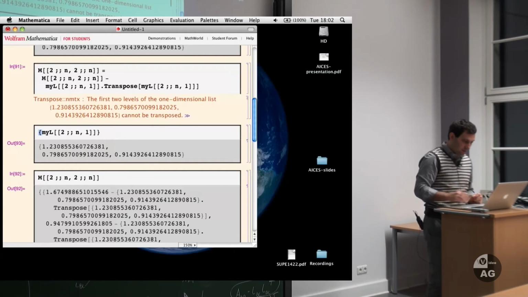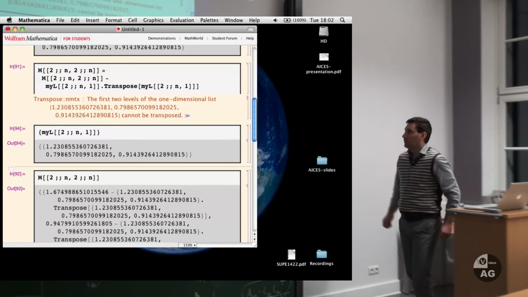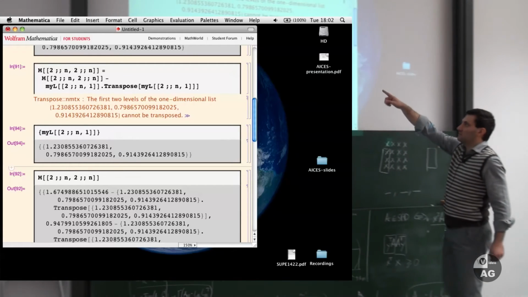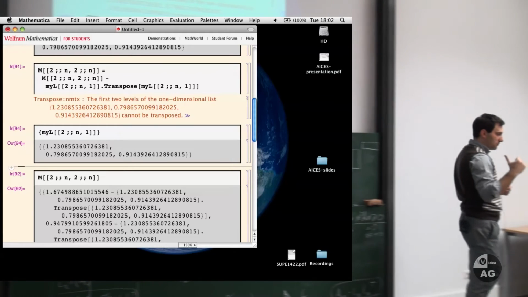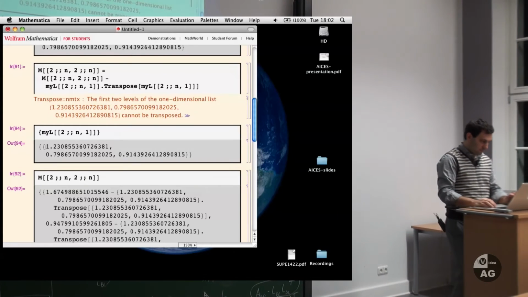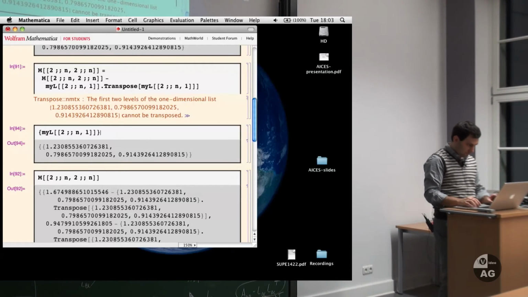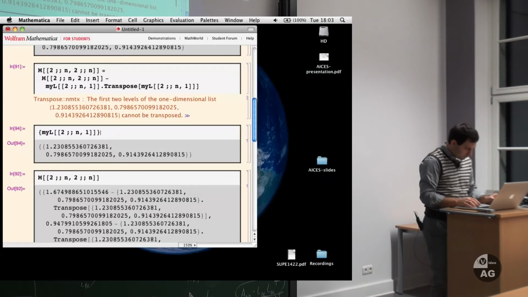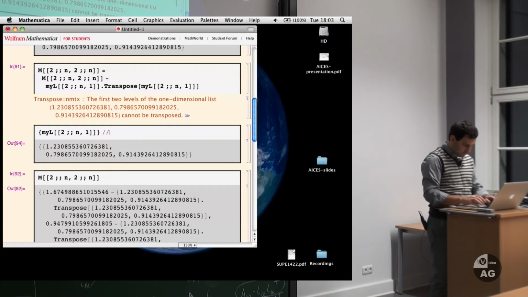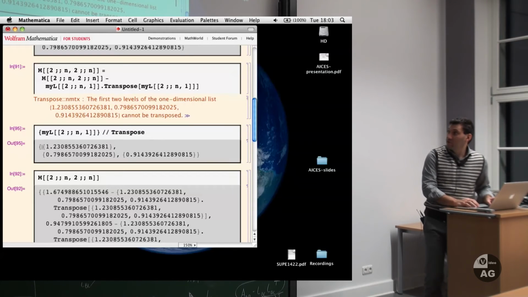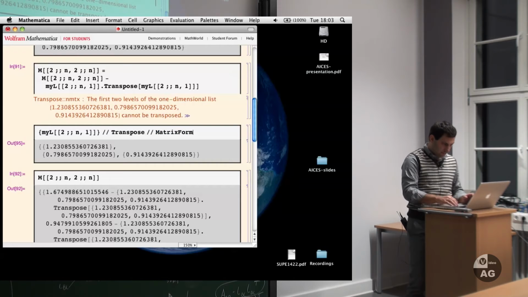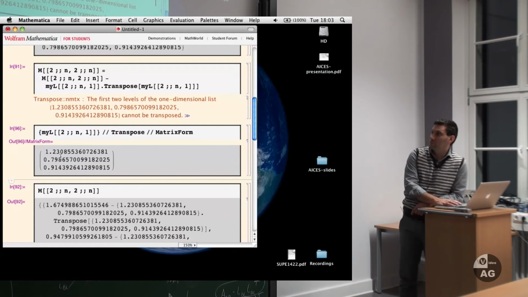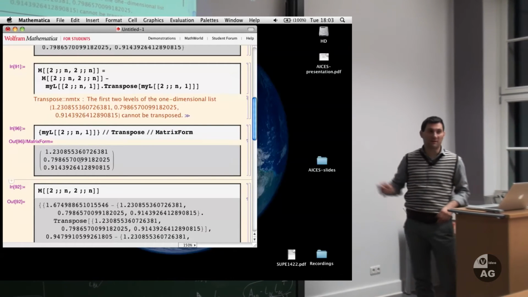So let's do this. We put this list inside another list, and now we transpose that. And now this really looks like a column. This is perfectly fine.